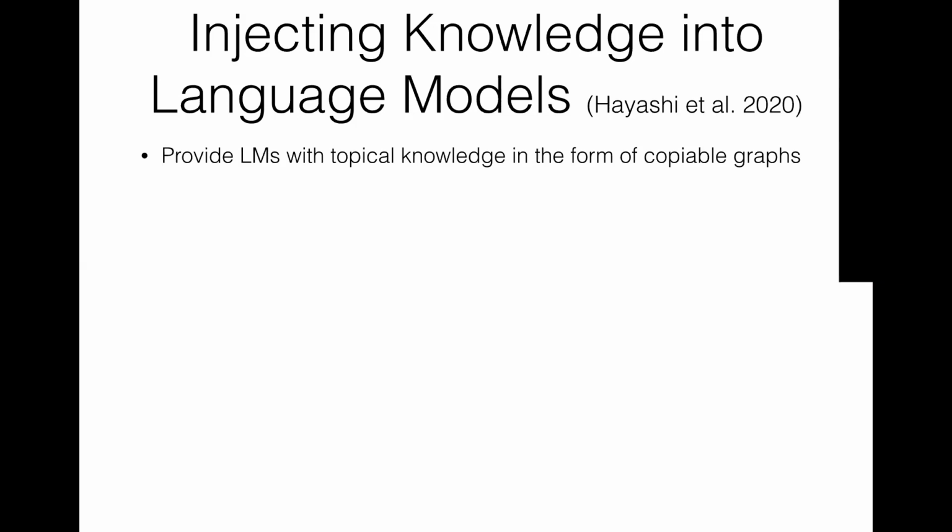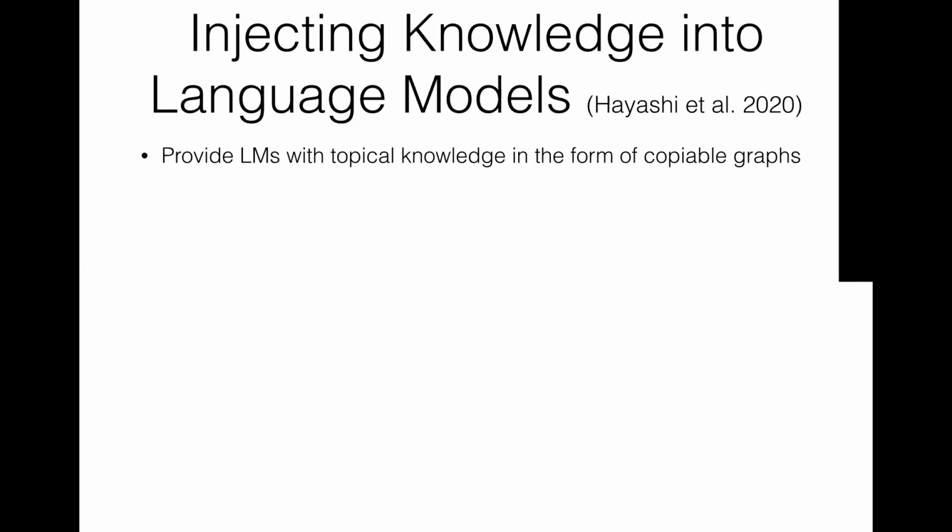A lot of the issues with existing language generation models is that they are not really good at generating real world entities or factual relations in a sentence, like Barack Obama was born in the United States, for example.